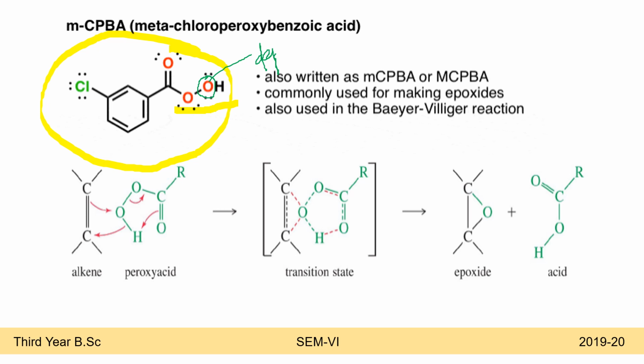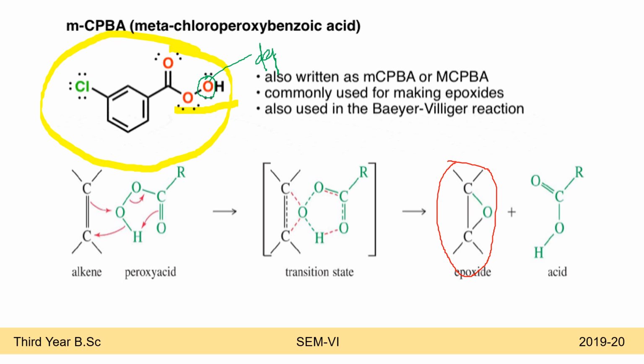This bond migrates here and becomes a carbon-carbon double bond, then this carbon-oxygen double bond becomes a single bond here, and this bond migrates to this hydrogen, and this oxygen donates both the electrons to this carbon, making it an epoxide. So this is how the transition state takes place, and when the transition state collapses, it forms an epoxide.